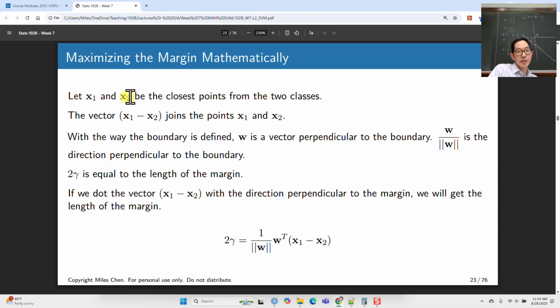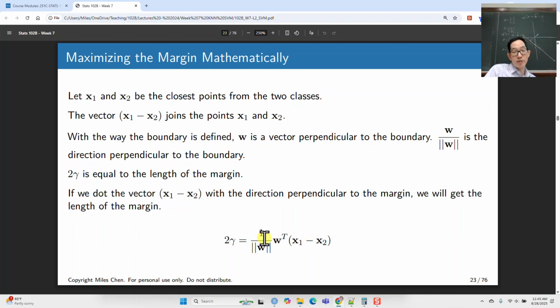So basically, if we say x1 and x2 are the closest points from opposite sides, that vector x1 minus x2 joins those points, and with the way the boundary is defined, W over the norm of W is going to be the direction there.